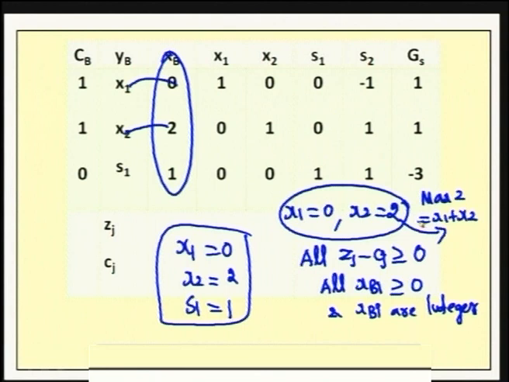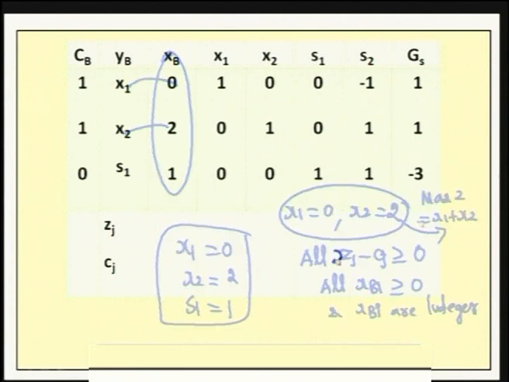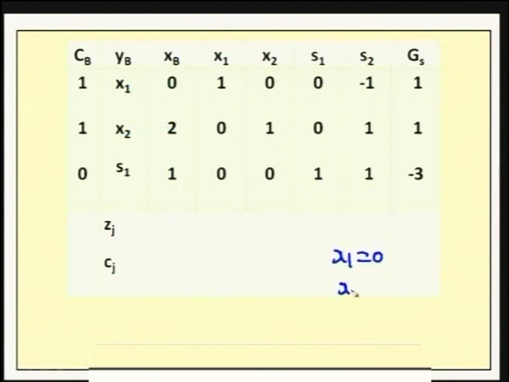So, the optimal solution to the given problem is x1 equal to 0, x2 equal to 2 and maximum z equal to x1 plus x2, which is 0 plus 2, which is 2. Now, the optimal solution to the given integer programming problem is obtained.